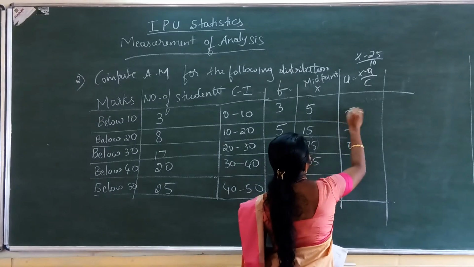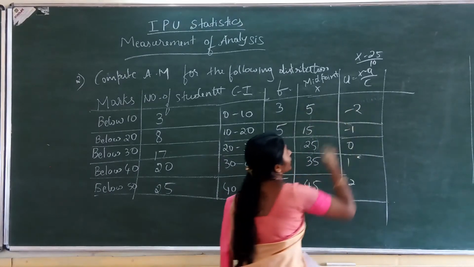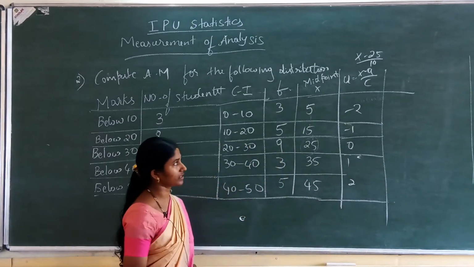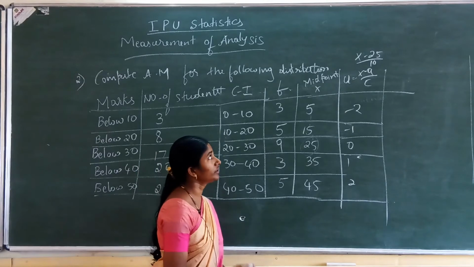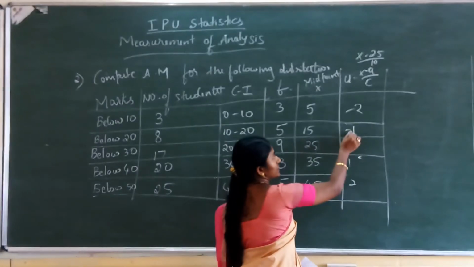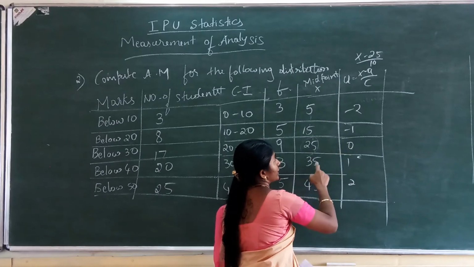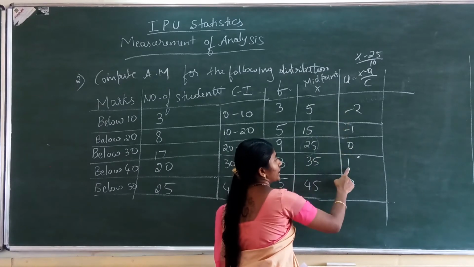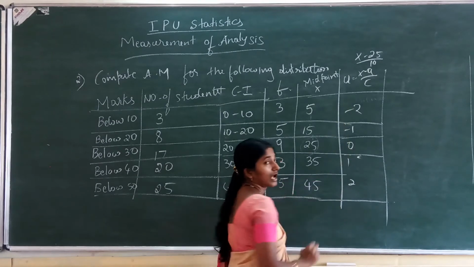Here, 5 minus 25 divided by 10, you will get minus 2. 15 minus 25 divided by 10, that is minus 1. 25 minus 25, that is 0. 35 minus 25 divided by 10, answer 1. 45 minus 25 divided by 10, answer 2.